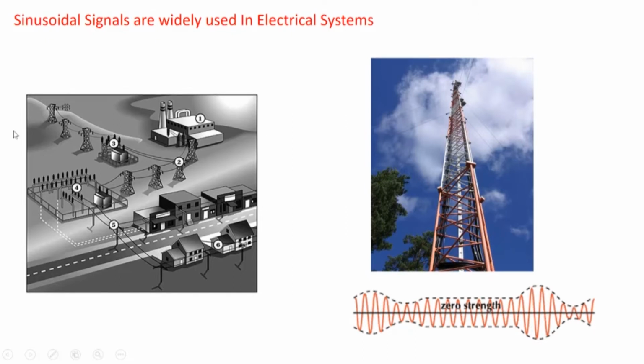So it's part of the power that is generated and sent to our homes, and part of communication. So sinusoidal signals are of inherent interest to us. That's why we need to analyze circuits when they're excited by sinusoidal signals.